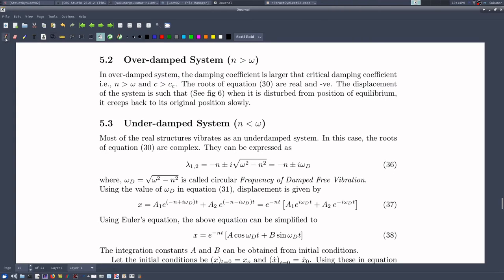So that means how will the vibration take place? The vibration will be something like this. If I draw it here, let me try to draw a straight line, and my vibration will be such that I have an exponentially decaying envelope, and within that my harmonic motion will take place.